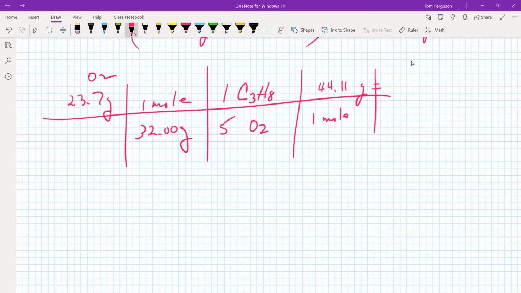And let's see how much propane we've used now. So grams cancel, oxygen cancels, moles cancel, gives us grams of propane used. So that's 23.